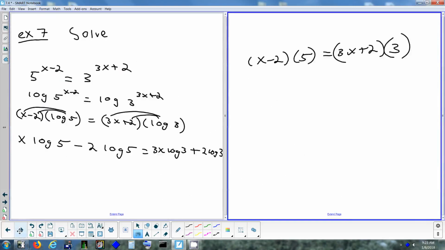Alright, so now let's pretend we did that on the right, and we have 5x minus 10 equals 9x plus 6. So now when you're solving an equation, what's your next step? Again, pretend like you're looking at the one on the right. It's going to be exactly the same as the one on the left.